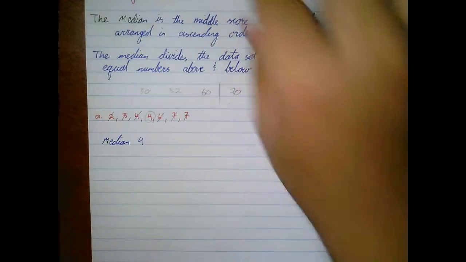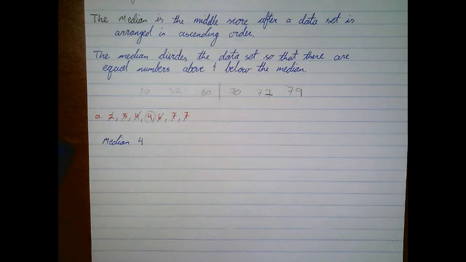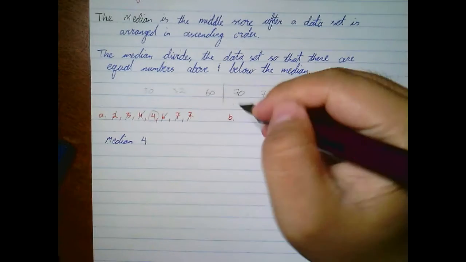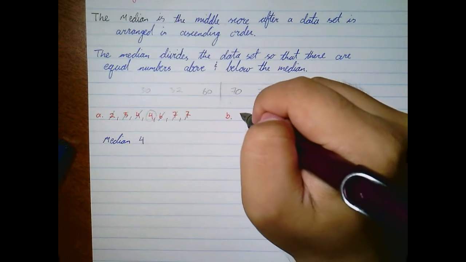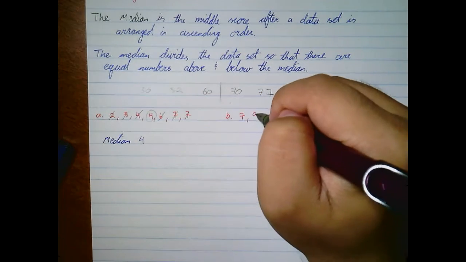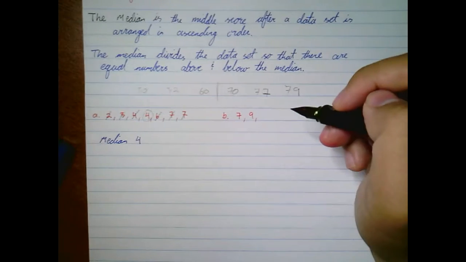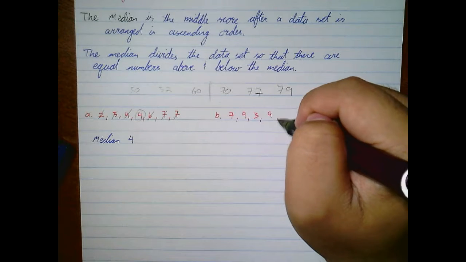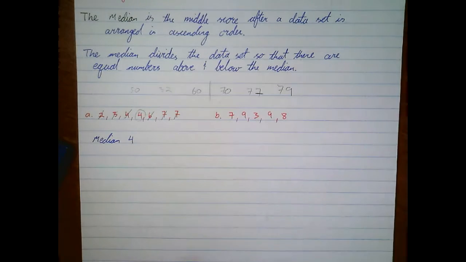Okay, so let's do another example here. Let's go with question B. We'll go with 7, 9, 7, 9, 3, 9, 8.